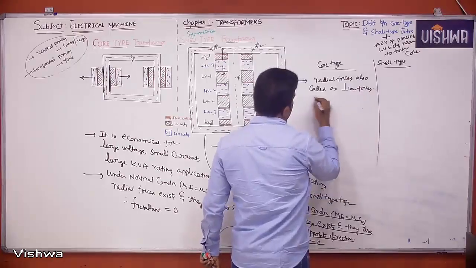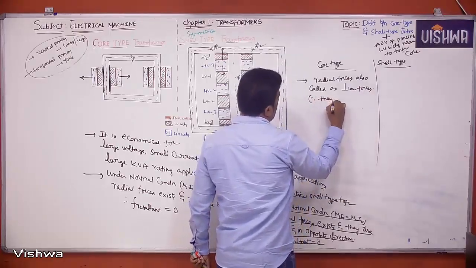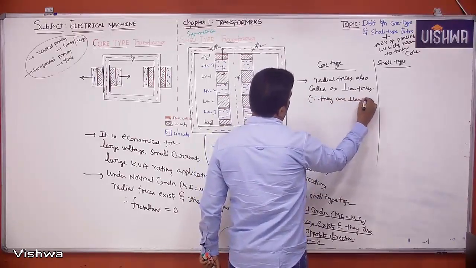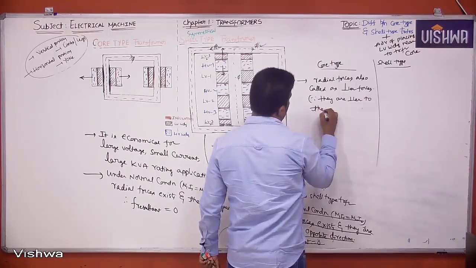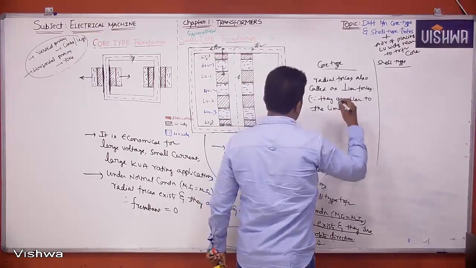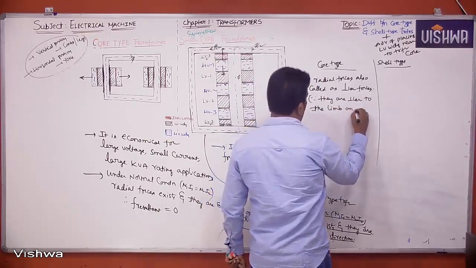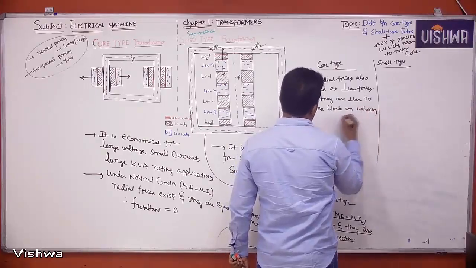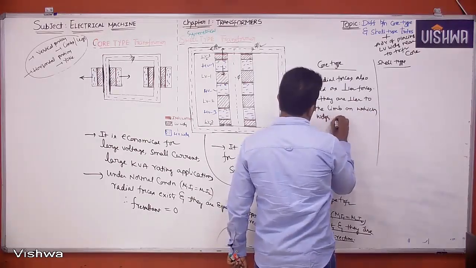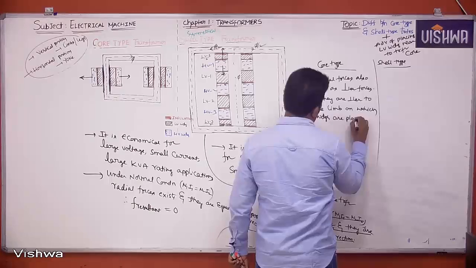Why? Since they are perpendicular to the limb on which windings are placed.